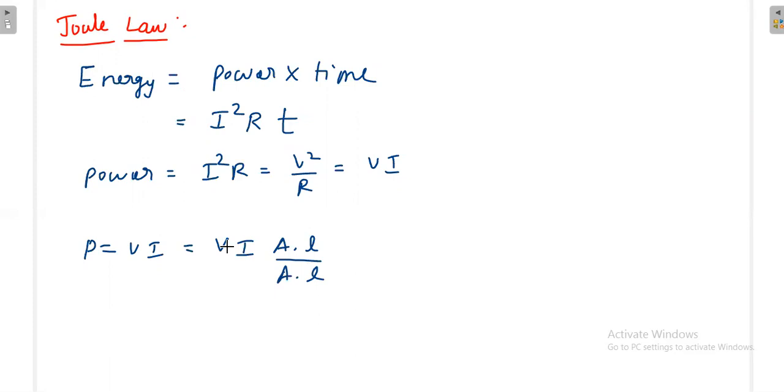Rearranging, one is V divided by L, and another one is I divided by A. L is there, A is there, VA is there. Then what is remaining? AL is remaining.